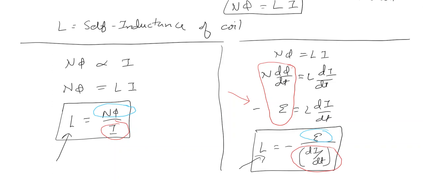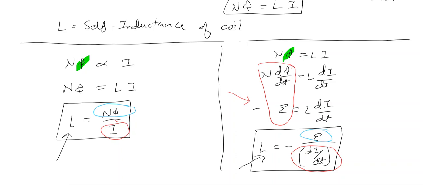Which are the parameters affecting L? Obviously, as we are talking about phi, the shape and size of the coil is a very important parameter.